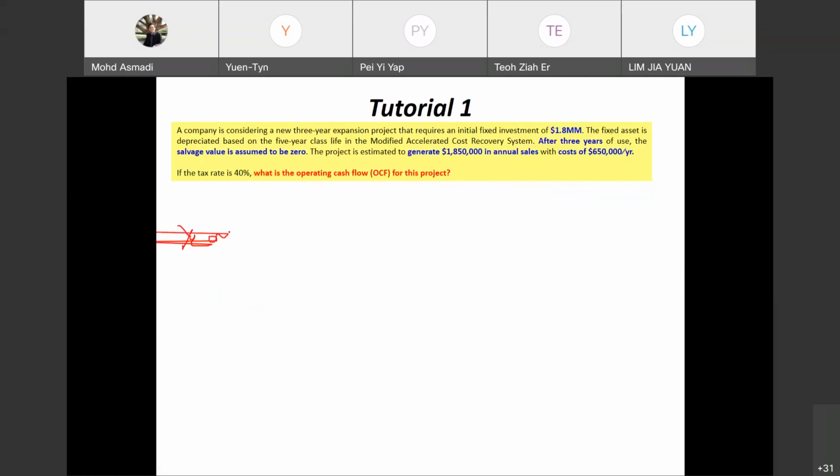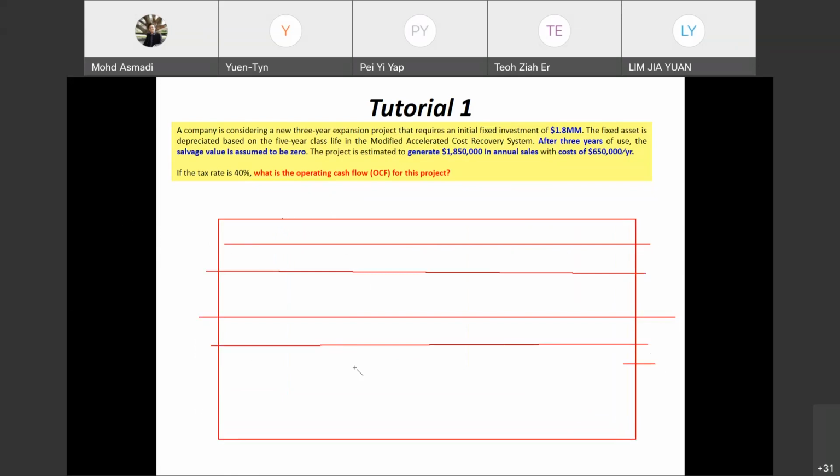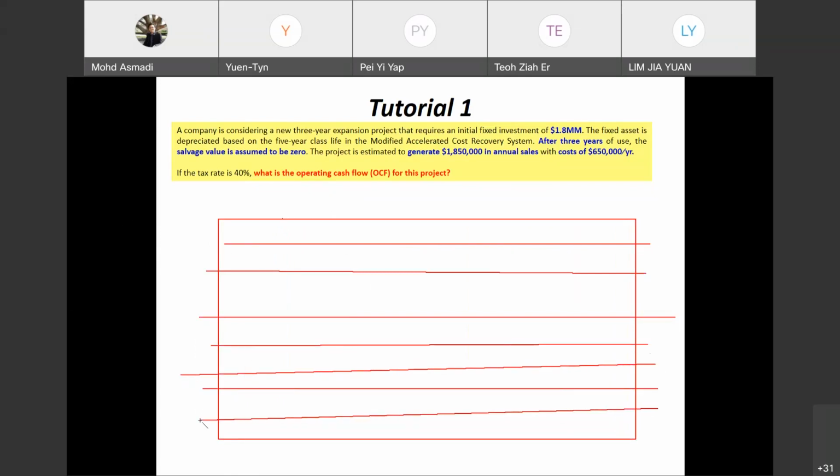Similarly, this one is year, and then sales.